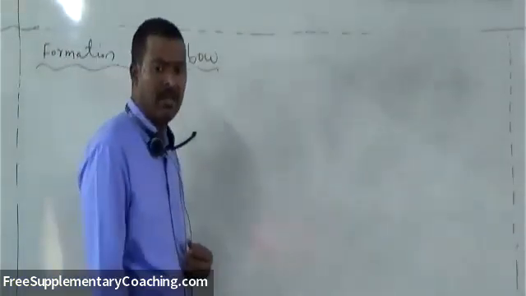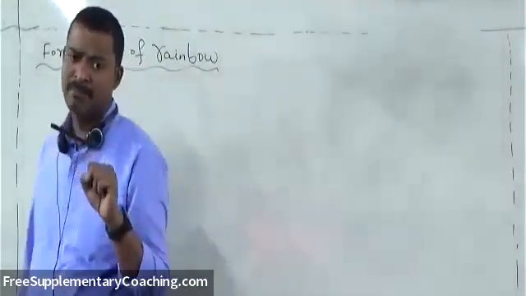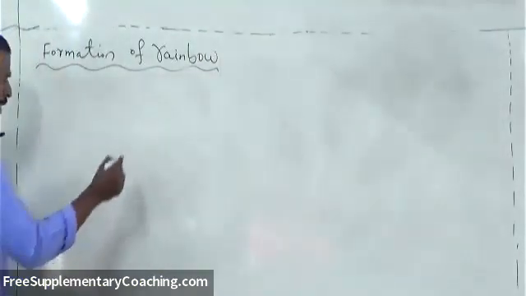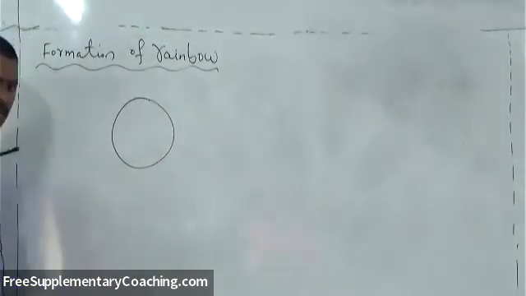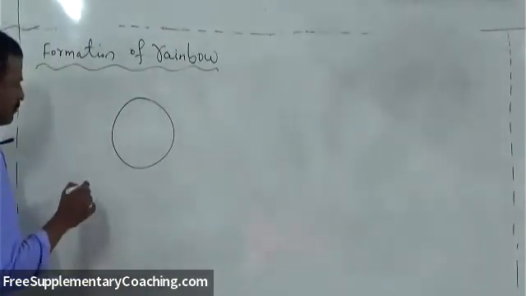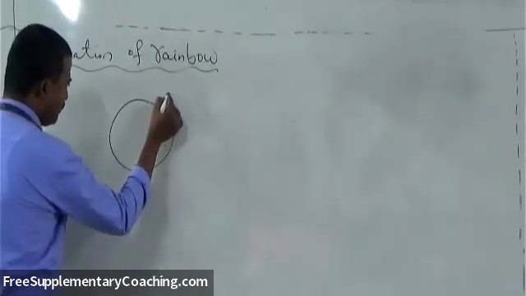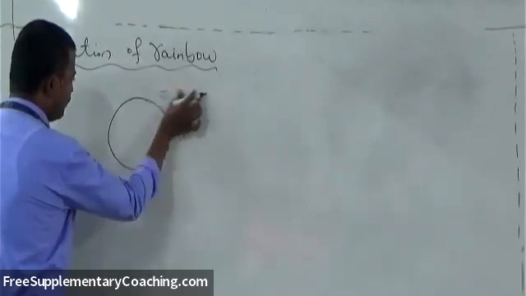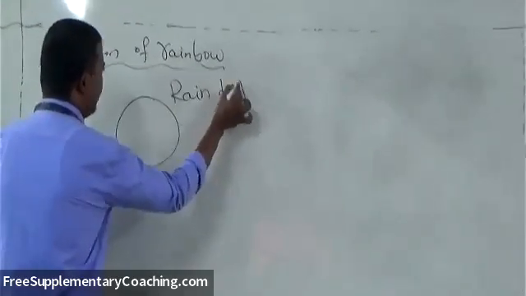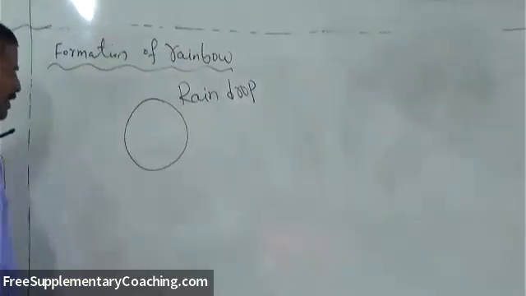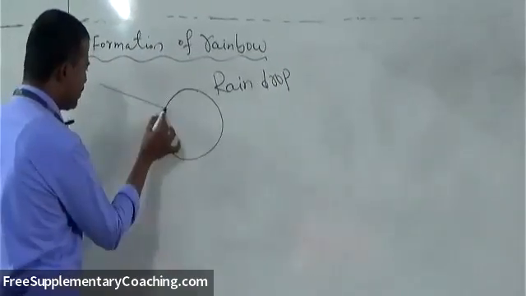Second, this dispersed light will pass inside the raindrop. Okay, if you take this, this is a raindrop. Sunlight is coming from here like this.